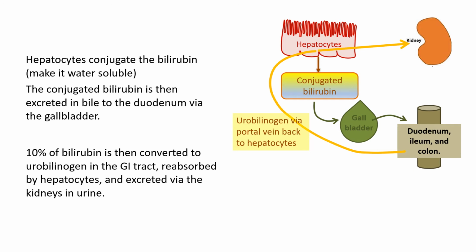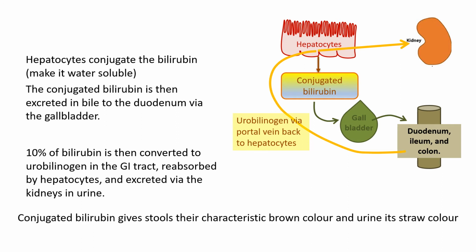The conjugated bilirubin in the stools, remember heme was brown, is what gives stools their dark colour. So conjugated bilirubin gives stools their characteristic brown colour and urine its straw colour.